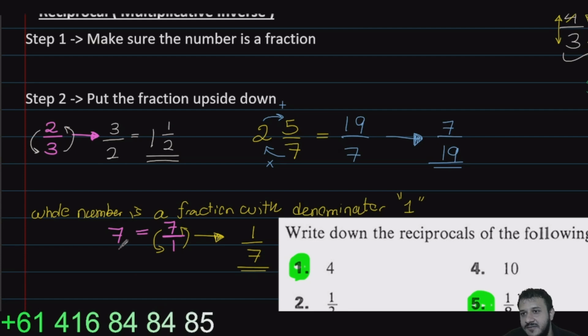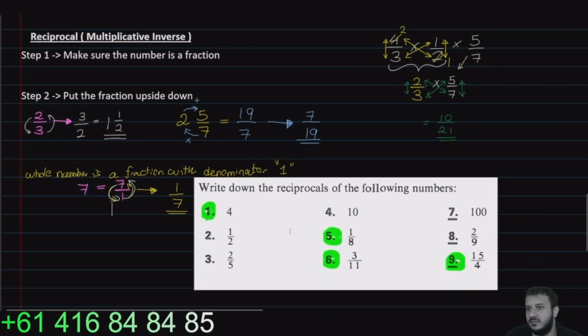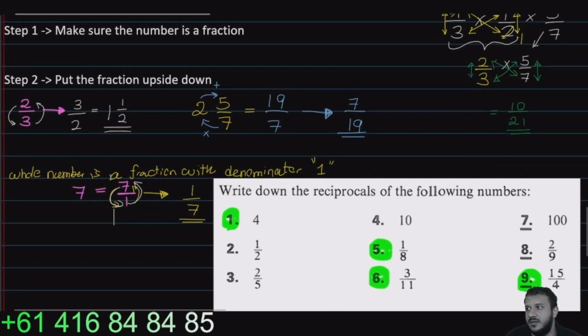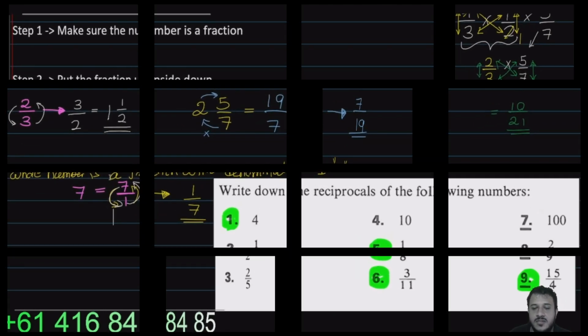So if you have a 7, 7 can be written as 7 over 1. And then the reciprocal means the 1 comes to the top, 7 goes to the bottom.